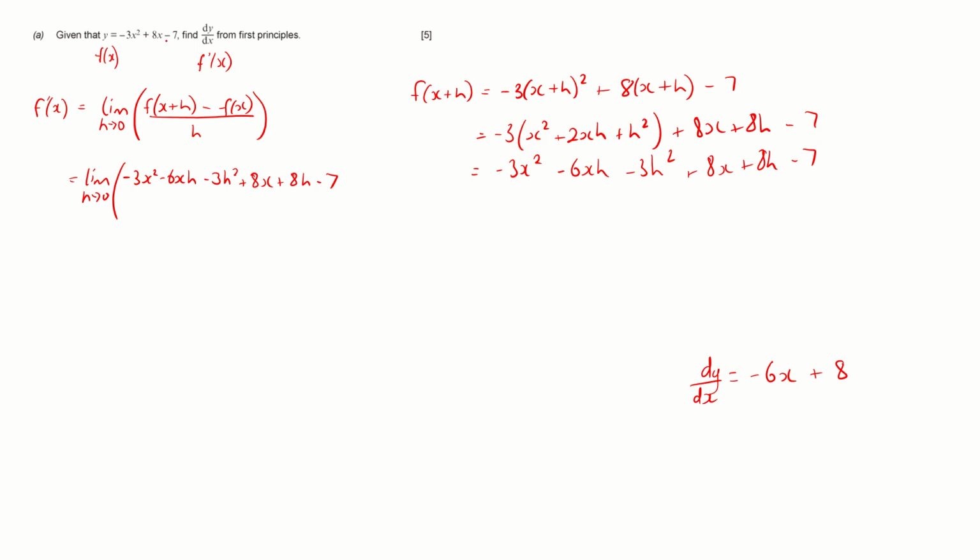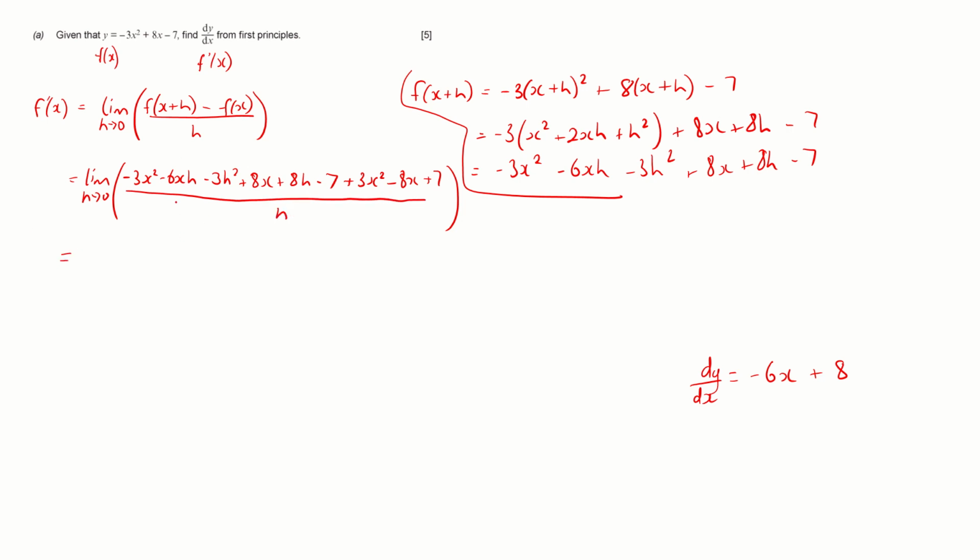So that's take away this equation here. So it's take away everything. Take away minus 3x squared, which becomes a plus 3x squared. Take away 8x. Take away minus 7, which is a plus 7. I'll keep this separate over here. All over h.